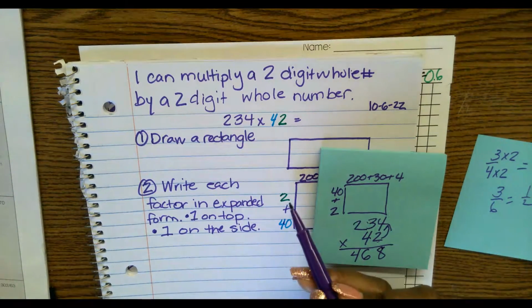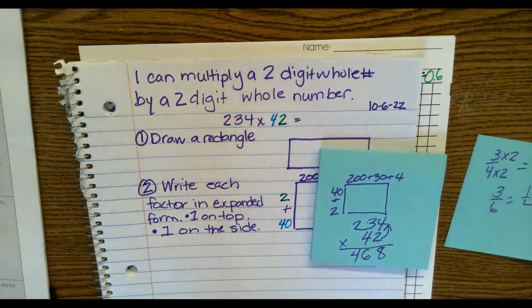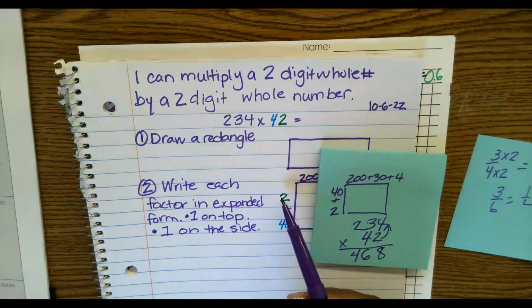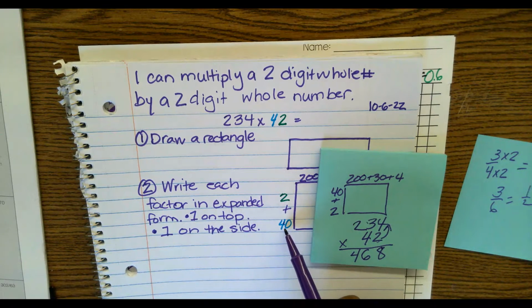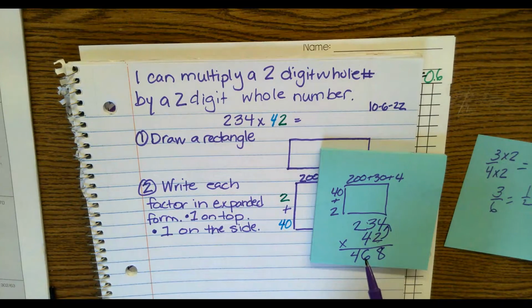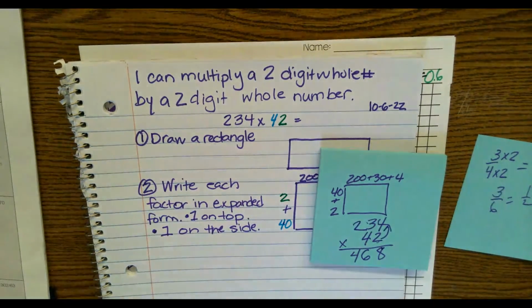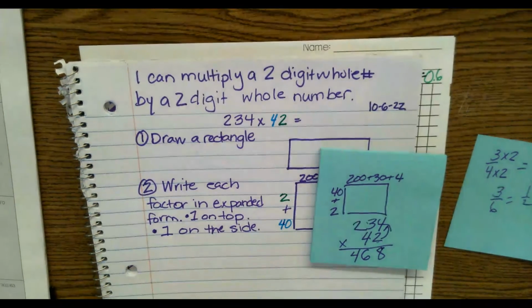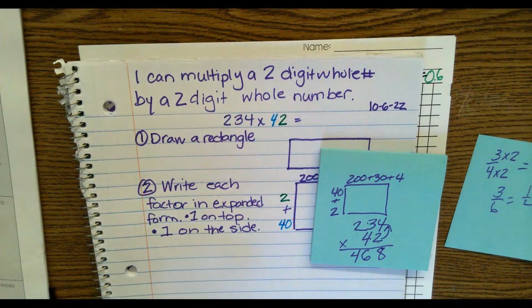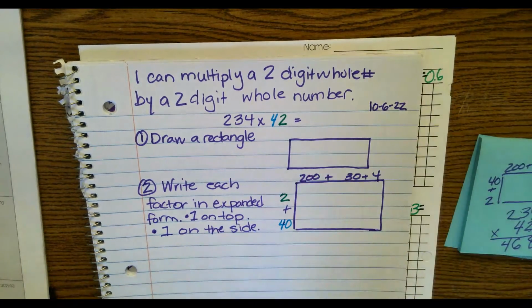So when we do this in the area model, if we flip it and we write the 2 at the top and the 40 at the bottom, then our numbers will match, which then means if you're a student that has a hard time with standard algorithm and area model becomes your thing, you can use it to answer a standard algorithm question and get it right. Okay? And like I said, you'll understand more, but I did want to show y'all that.